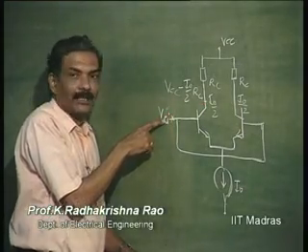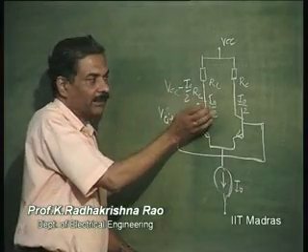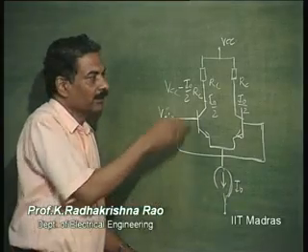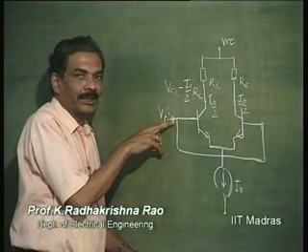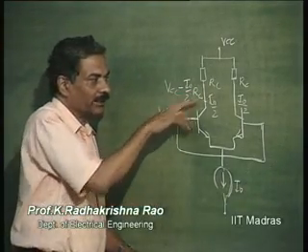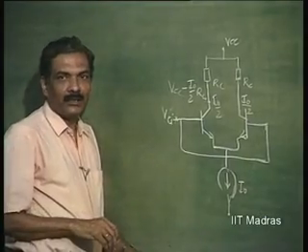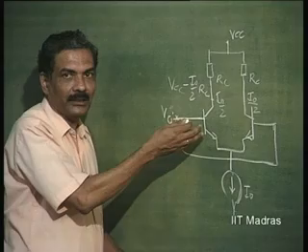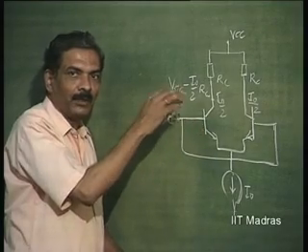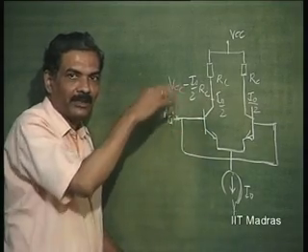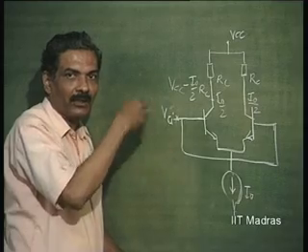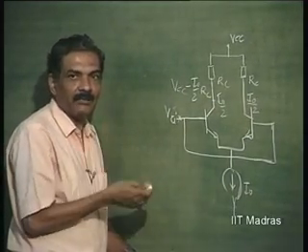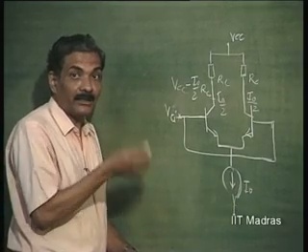So, this cannot rise above that, particularly if such an amplifier is the input stage of an op amp or something like that. If the common mode voltage changes above this, this transistor will lose its active nature and it will come to saturation, and the polarity is going to change from negative, that is feedback is going to change from negative to positive, and that will cause what is called as this instability, right, signal dependent instability.